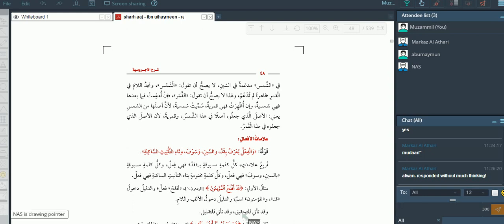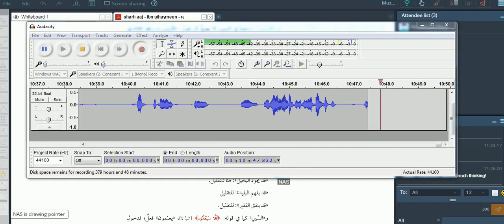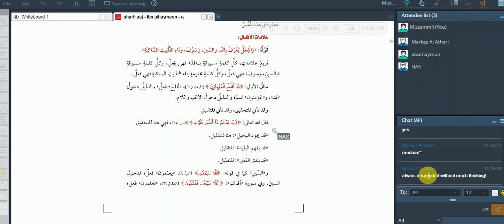Then he said, وقد تأتي للتحقيق وتأتي للتقليل. قد appears to reassure something or to reaffirm something and to emphasize something, and it also means reduction. It comes to show something is small or less.